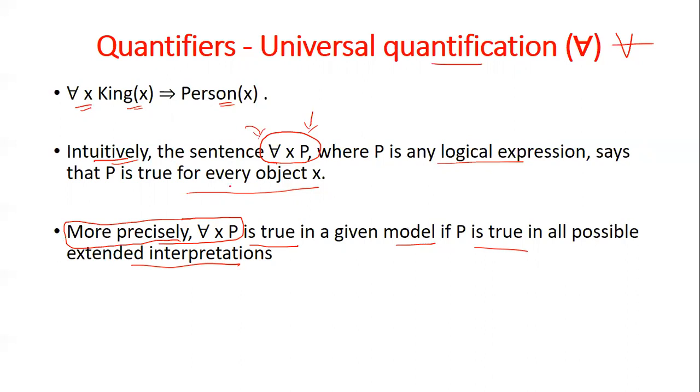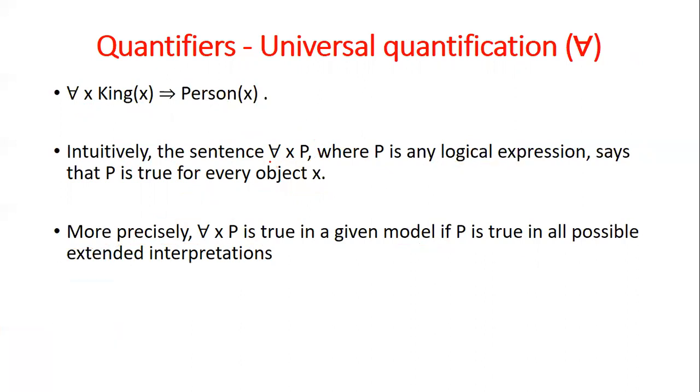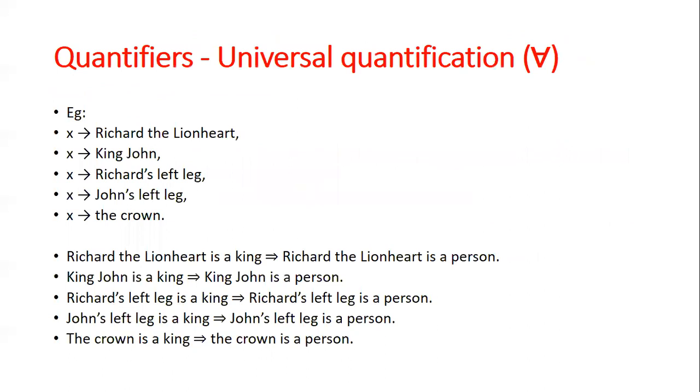So the very common sense way of understanding the first statement is: for all X P means P is true for every object X. But to really understand it in a proper way, "for all X P" is true in a given model if P is true in all possible extended interpretations. So what does that mean? We'll discuss that with an example.